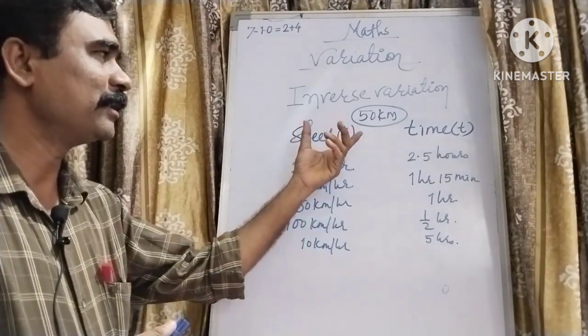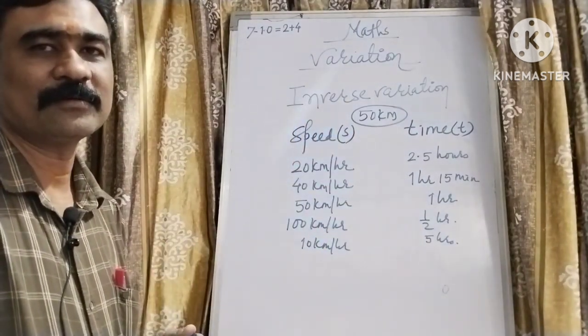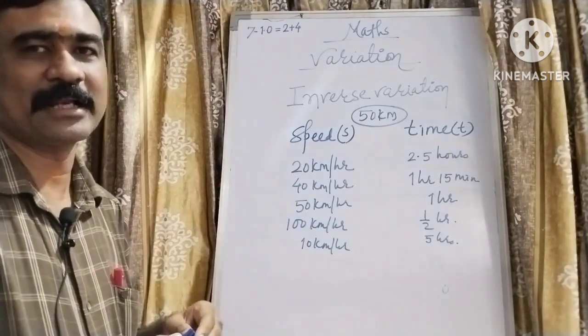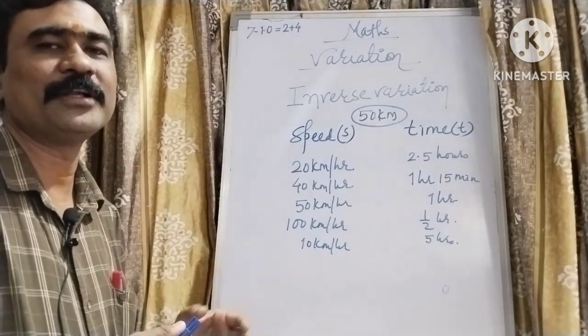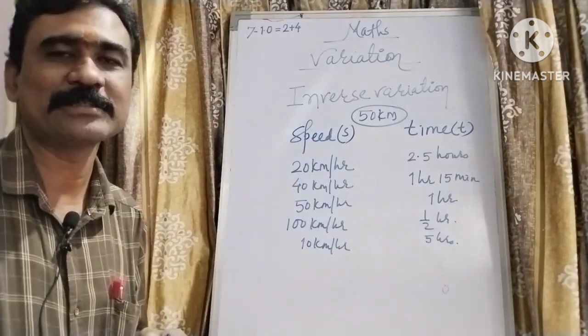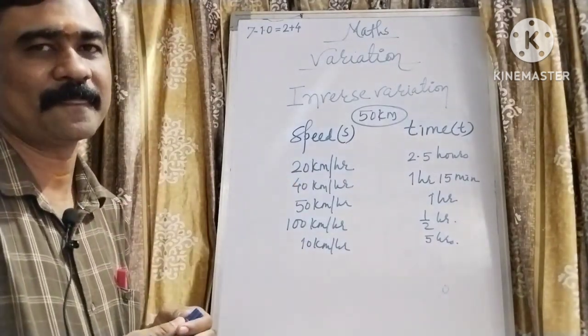So in these two quantities, the change is in opposite directions. That's why this is also an example of inverse variation.